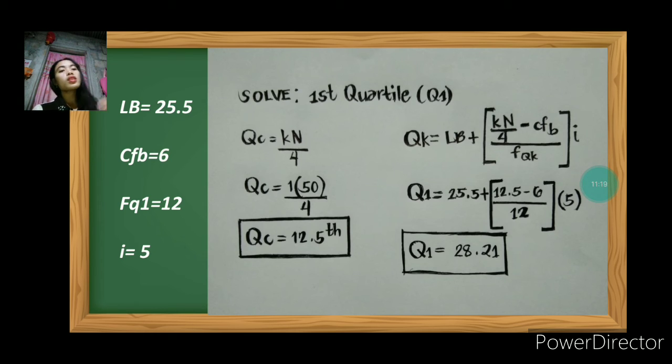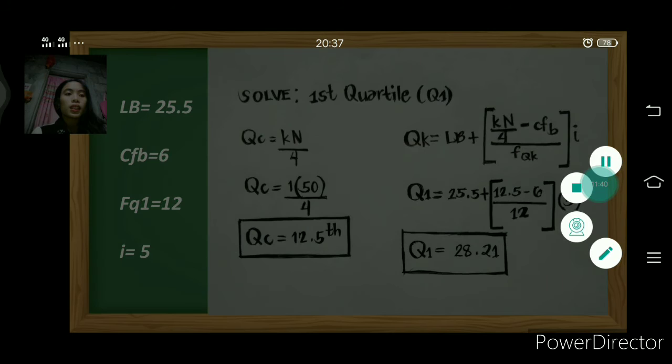So we just solve it using your scientific calculator, and we will get this answer, 28.21. So this is our first quartile, not here.